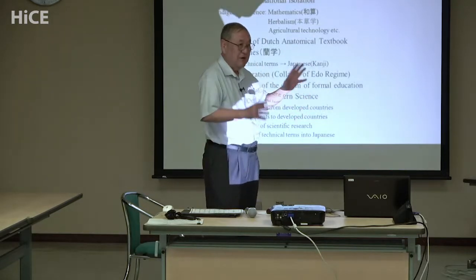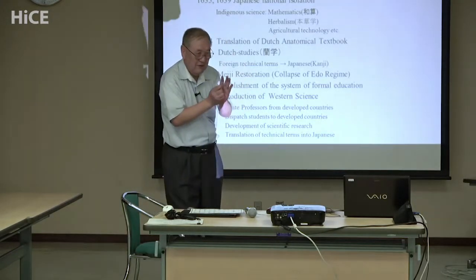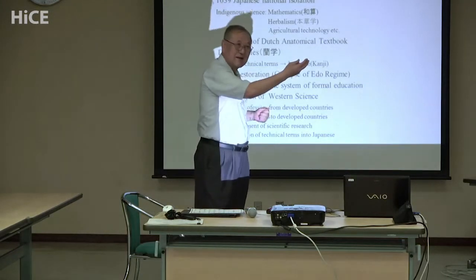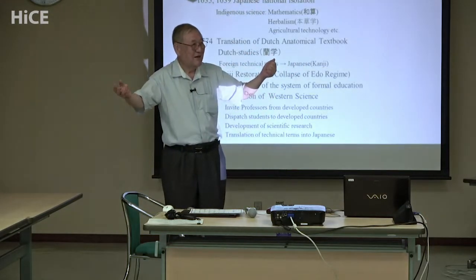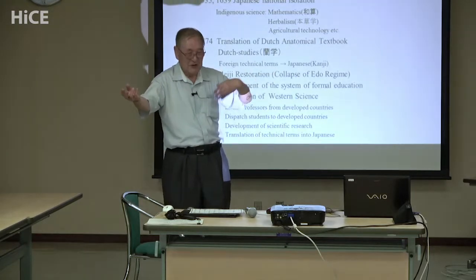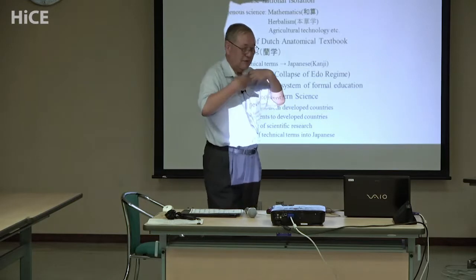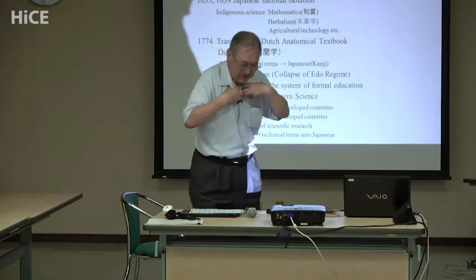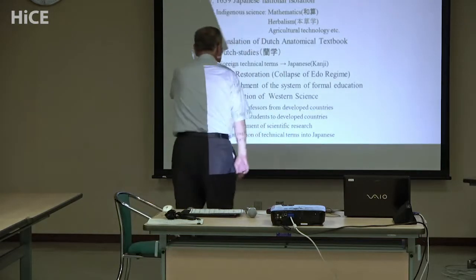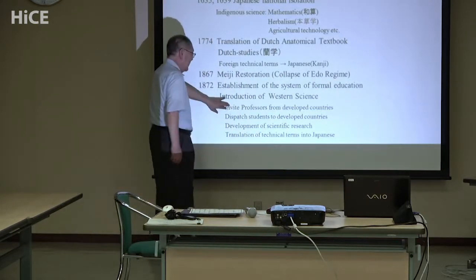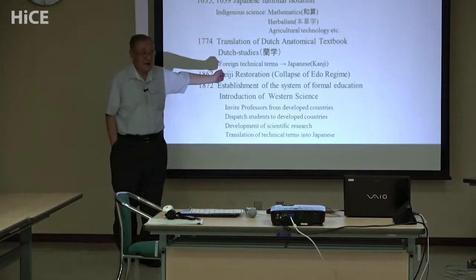Then we selected the best way to dispatch our students for learning botany or zoology, animal science, and botanical science. I am originally trained as a biologist. Then, at that moment, the top country for botany was Germany.